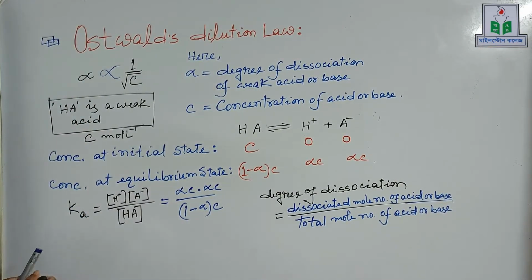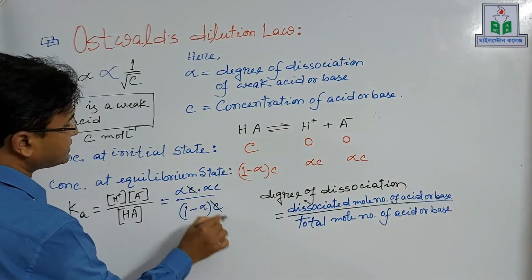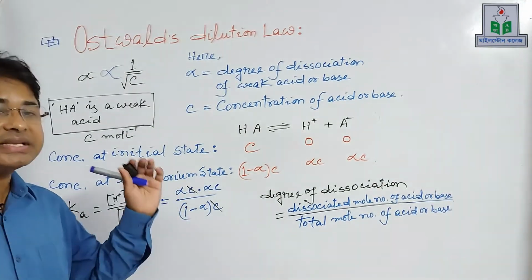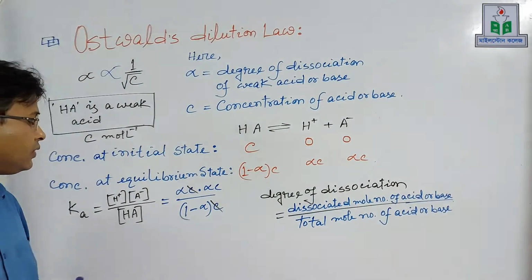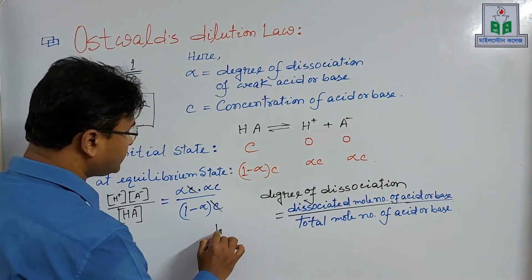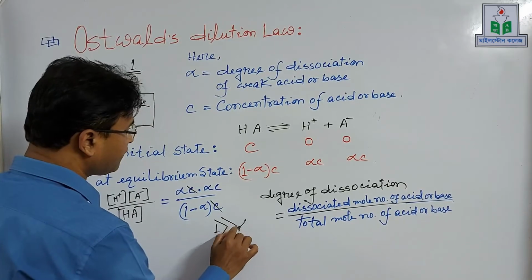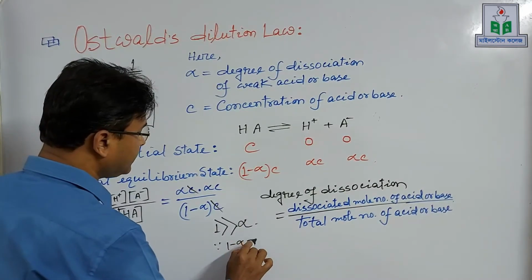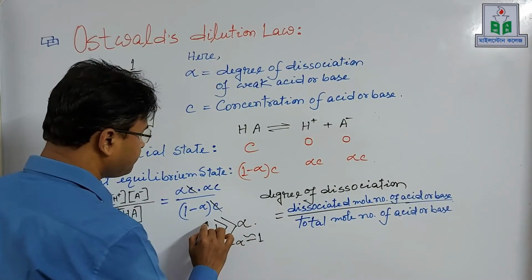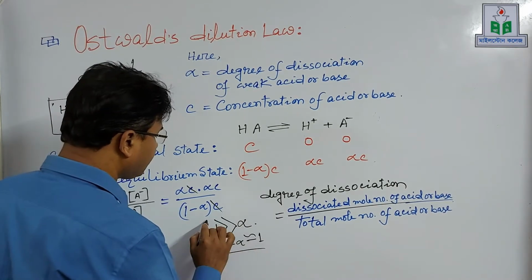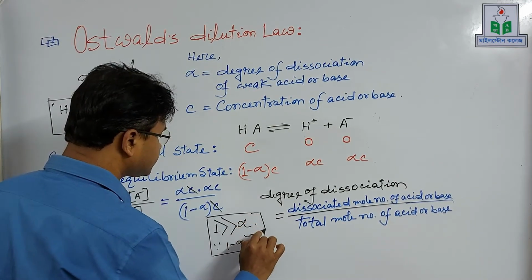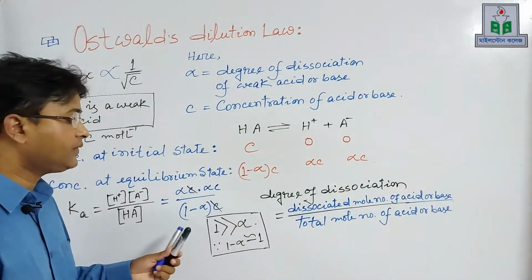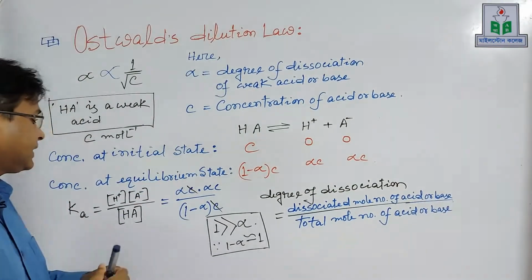Here this C and this C can be crossed out, and the value of alpha is negligible. As the value of alpha is much smaller than 1, we can write 1 minus alpha as about 1. I mean, if alpha is subtracted from 1, the result will be 1, because the value of alpha is negligible.